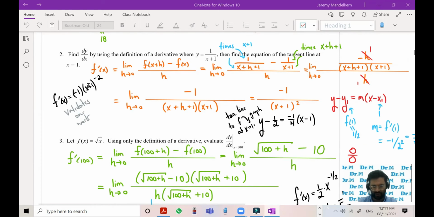In this next problem, we're tasked with finding dy dx by using the definition of the derivative, and our function is y equals 1 over x plus 1. Now, all this work, we want to justify where it came from. So let's start from scratch to take a look at how it comes about.